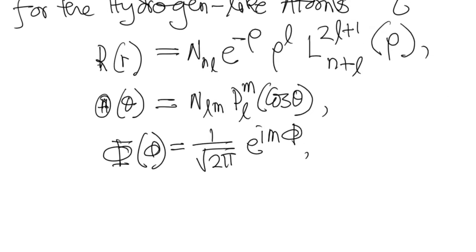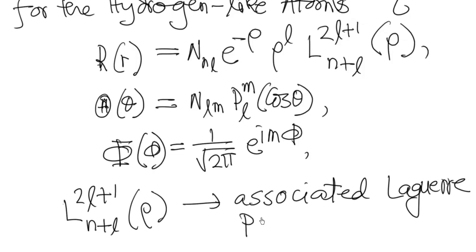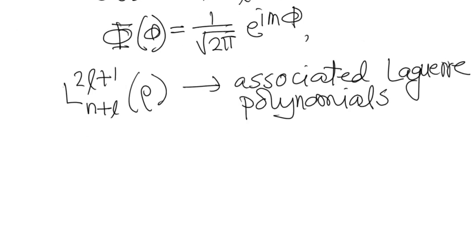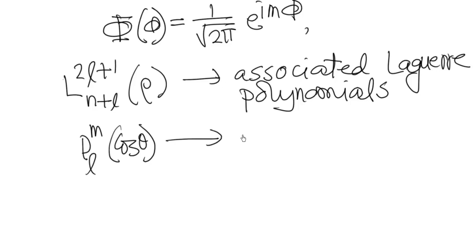Where the functions L n plus L, and this is twice L plus 1, this is the associated Laguerre polynomial, and this one is the associated Legendre polynomial.